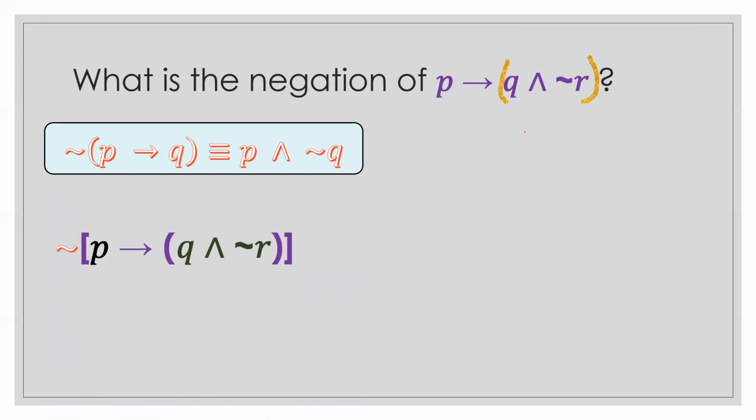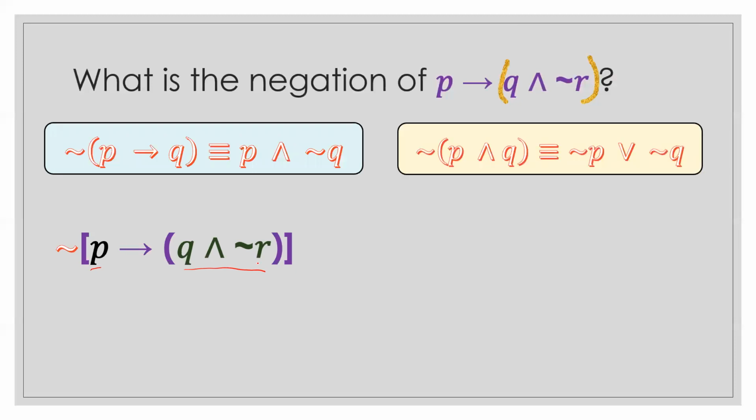So the negation of this statement that we're looking at, here's the first part, here's the second part. To negate that, I would have to think P and not Q. The Q here really is this whole chunk right here, so it would be not that.